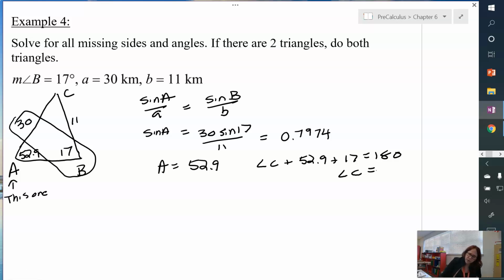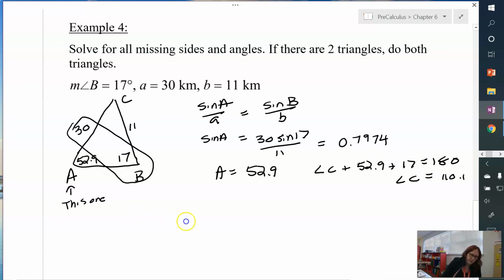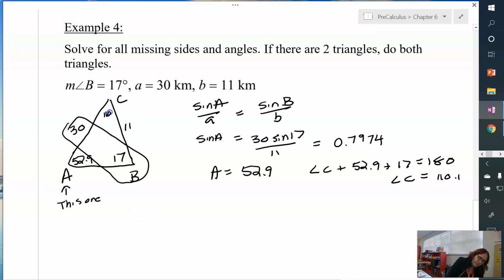I get 110.1. That's 110.1. It's hard to see. Now the only thing that I don't know about this triangle is what the length of little c is. So let's go ahead and get that.